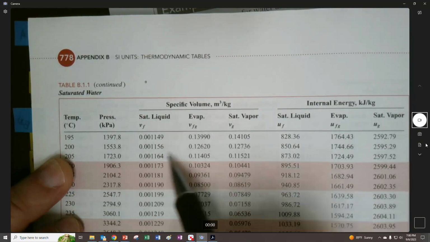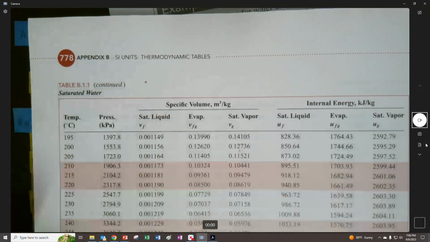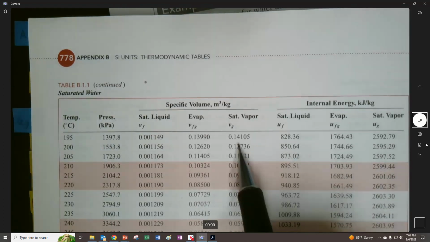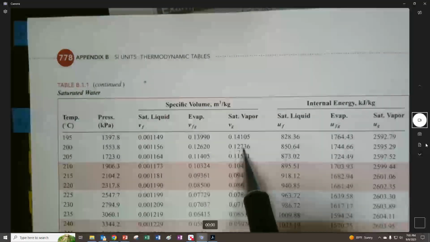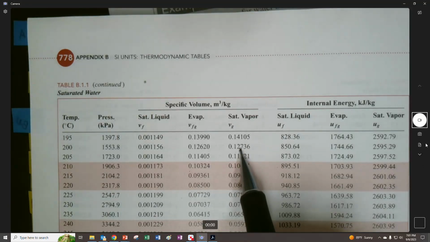At 200 degrees, we have a vapor pressure and a specific volume of 0.12736, right? But we're looking for 0.4. So our specific volume is larger than this. Therefore, we must be superheated.